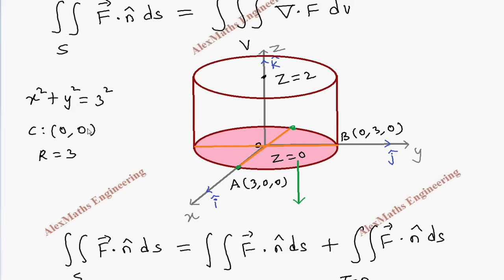From the equation, x is equal to root of 3 square minus y square on one side, and x is equal to minus root of 3 square minus y square on the other, since this part of x is minus and this part of x is plus.